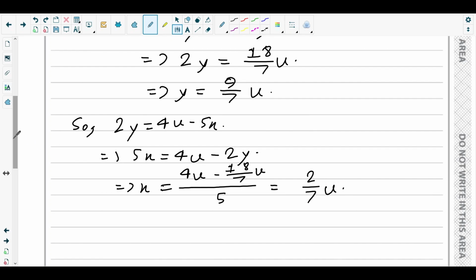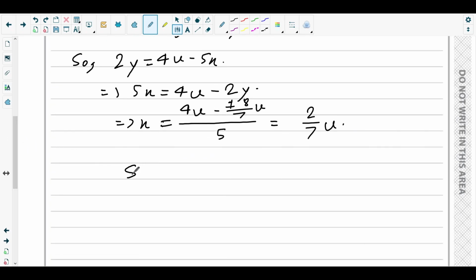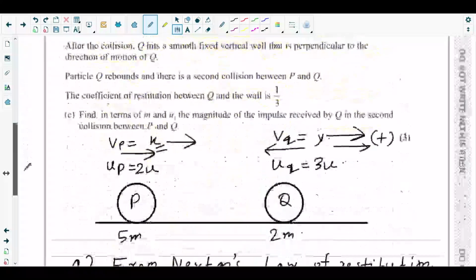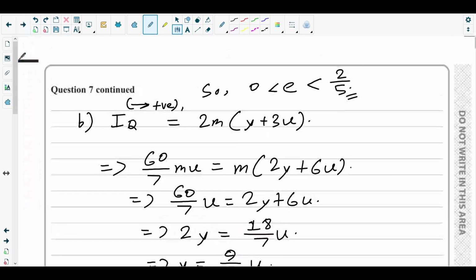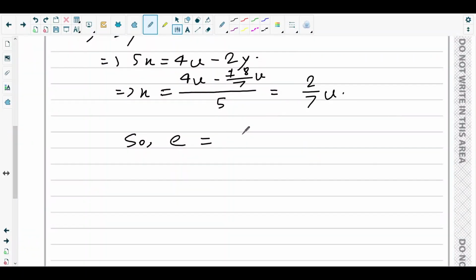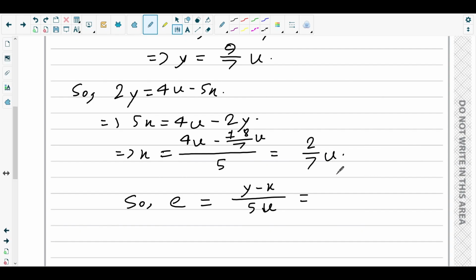Okay, so the value for coefficient of restitution E equals, what was the equation for E? It was y minus x over 5u. Okay, so y is basically 9 over 7u.